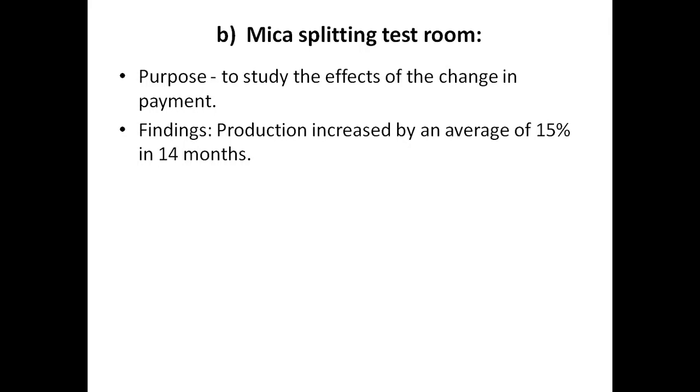In the relay assembly test room, production rose by 30%. Thus, a 15% raise in production is the maximum that can be attributed to change in financial incentives. The remainder was attributed to other factors. This experiment was continued for 5 years.